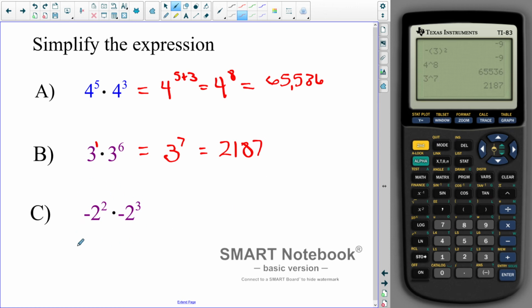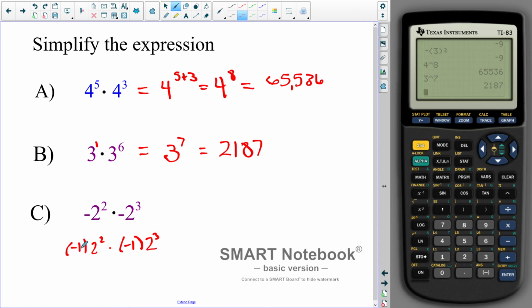Okay, and now we get to this tricky one here, right? Again, it's poorly written. This is very ambiguous. But what we saw before, right? This means 2 to the 2nd and the opposite of that, and then times 2 to the 3rd and the opposite of that. So when we look at this, this is -1 times 2 to the 2nd power times -1 times 2 to the 3rd power.